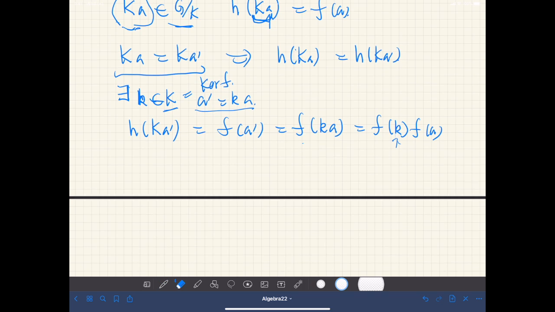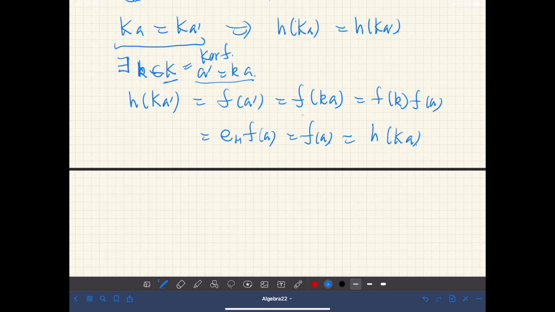So f of k is equal to the identity element of H, and so this is equal to f of a, which is equal to H of Ka. So therefore, the result of this mapping H does not depend on the choice of the representative element of the coset. Therefore, H is well defined.